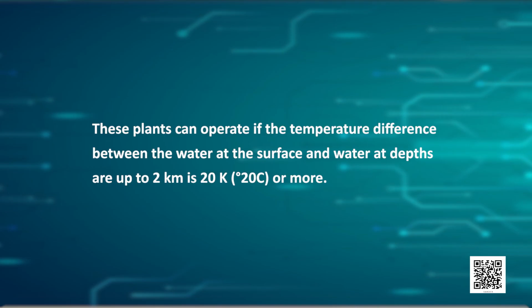The difference in temperature is used to obtain energy. Now, these plants can operate if the temperature difference between the water at the surface and water at depths up to 2 kilometers is 20 Kelvin or more.